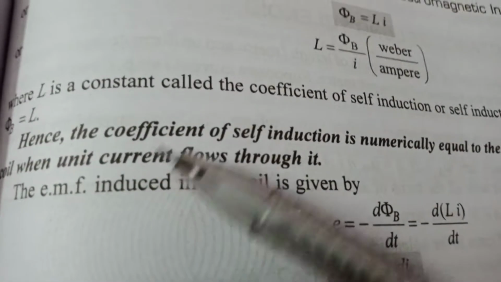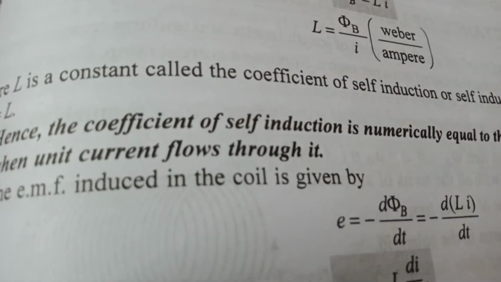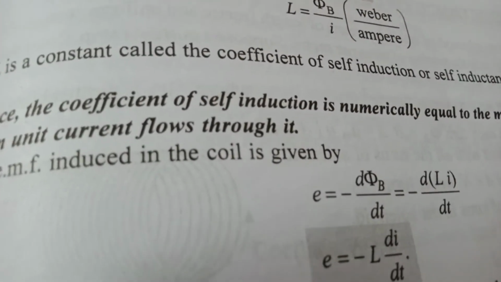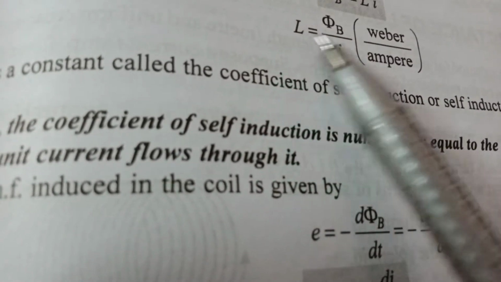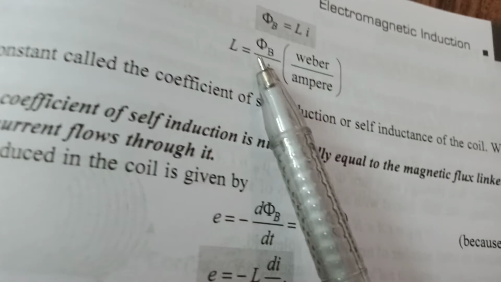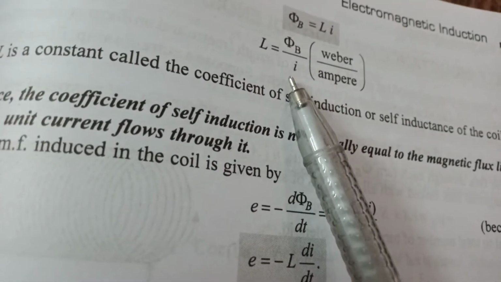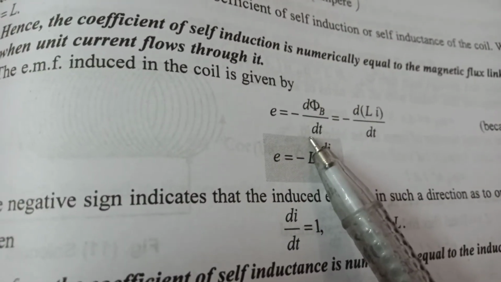So the coefficient of self-induction is numerically equal to the magnetic flux linked with the coil when the current flowing through it is 1 ampere. So the EMF is minus d phi by dt.